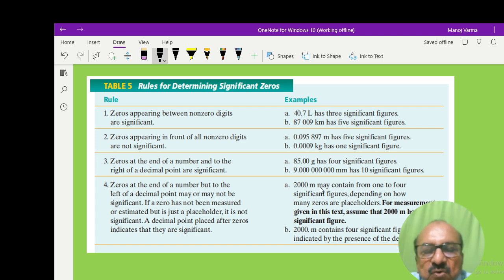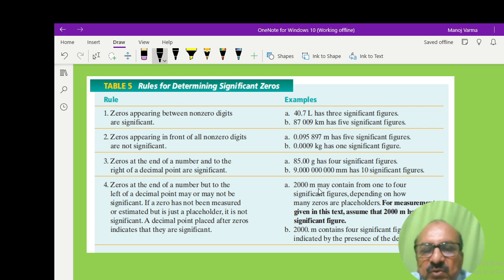Now, if there is no decimal point, then how do you decide about the significance of zeros? There are different rules for this, but the most common rule is that if there are zeros and there is no decimal, like for example here there was a decimal and then there were zeros, so these zeros were significant, but here there are zeros but there is no decimal point, so you will not consider these zeros as significant.